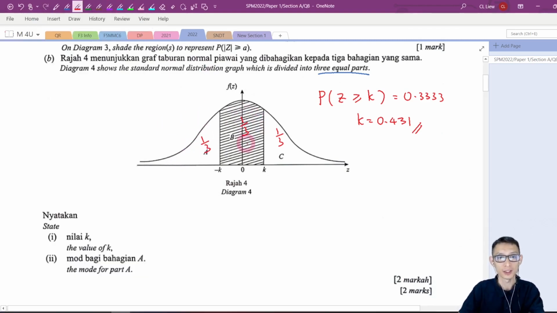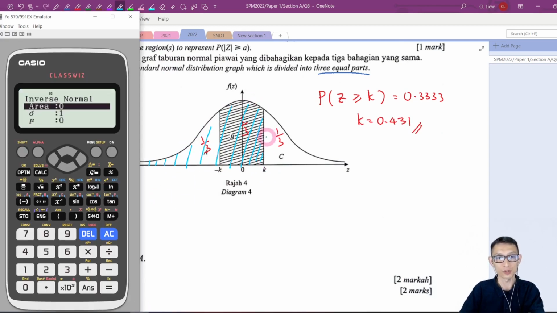Let's say you want to get the value of k over here. So you need to key in the area here. For this situation, I need to key in 2 over 3. 1 over 3 plus 1 over 3 will be 2 over 3.